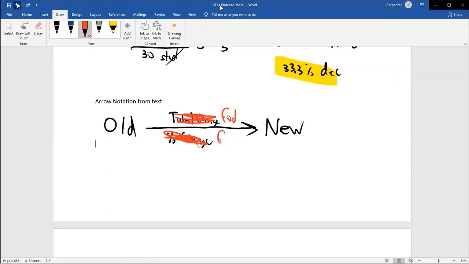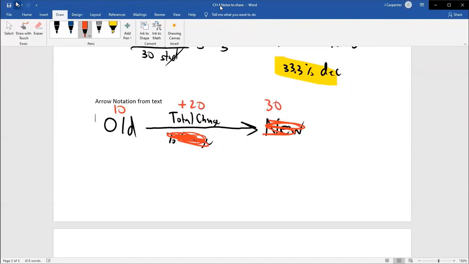Or maybe they give you the old and the total change, but they don't give you the new and they don't give you the percent change. There's actually a way to figure that out. If we know the old is 10 and the total change is plus 20, well, the new is 30 because you just take the old and add the change.